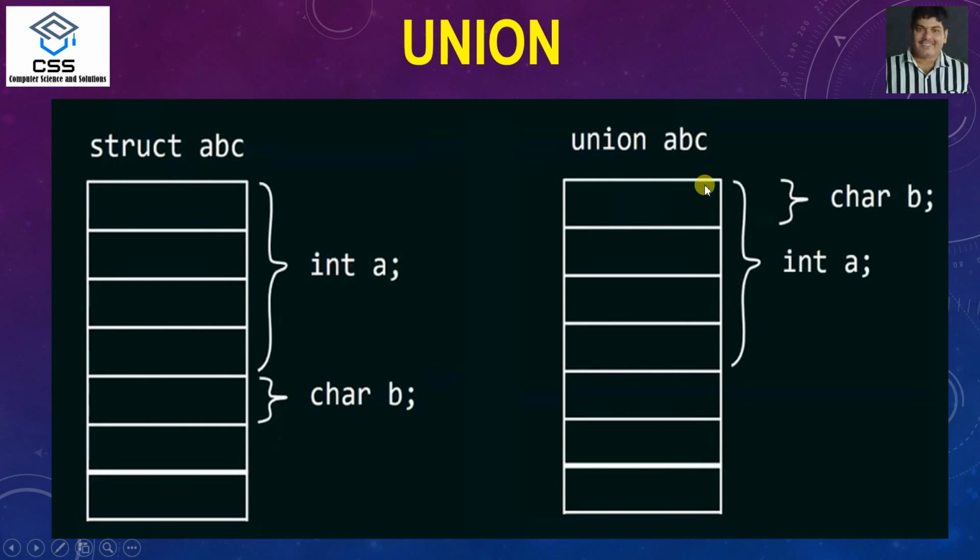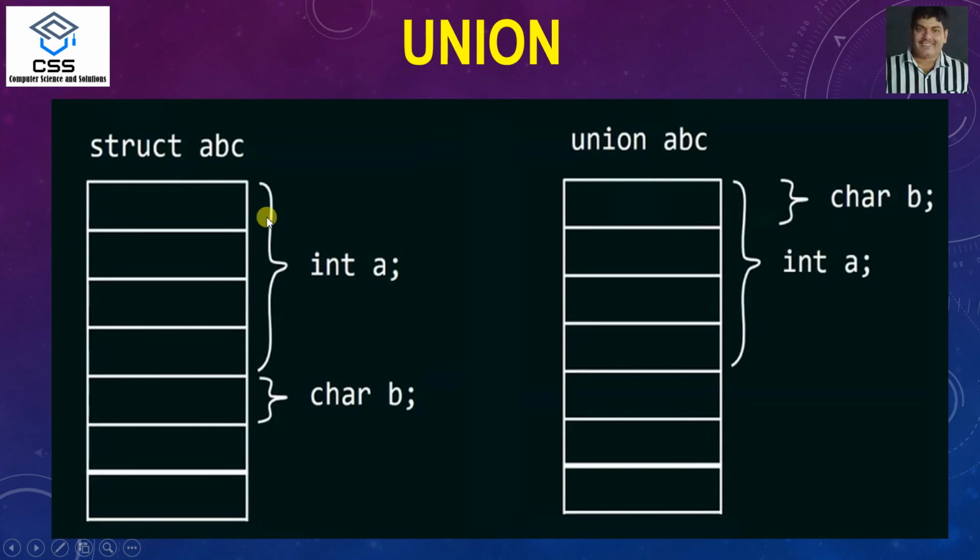Suppose this is the entire space taken by the integer, and within this the character will be stored, meaning no individual space will be taken by the union. If integer is 4 bytes and character 1 byte, the structure takes 5 bytes. But here, in union, within the 4 bytes the other 1 byte of data will be stored.